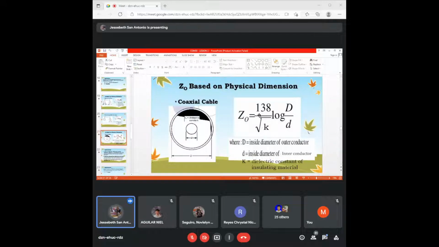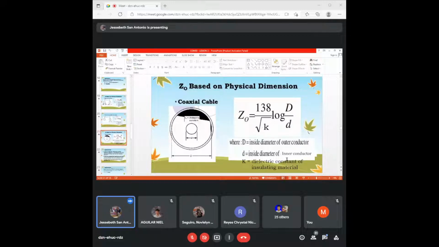Marami na rito divided by the square root of k. So, dapat given lagi ang dielectric constant ng insulating material.